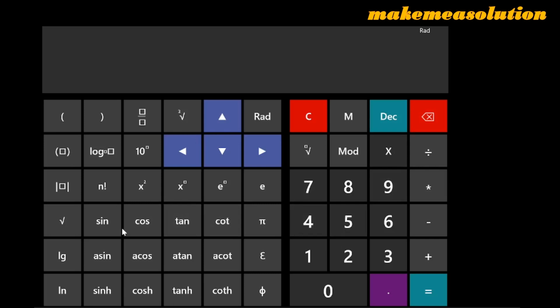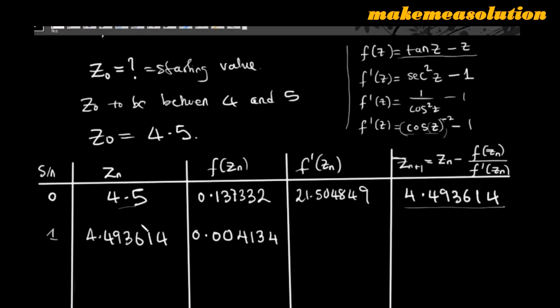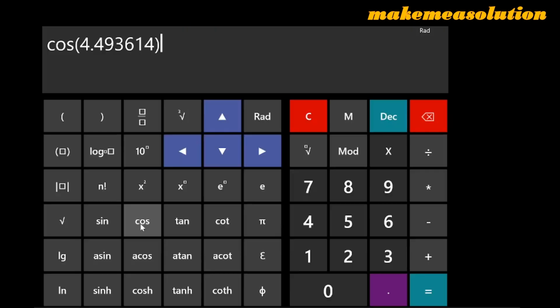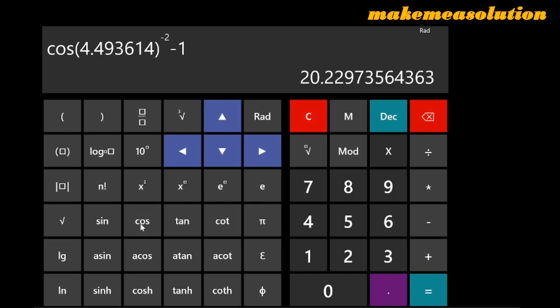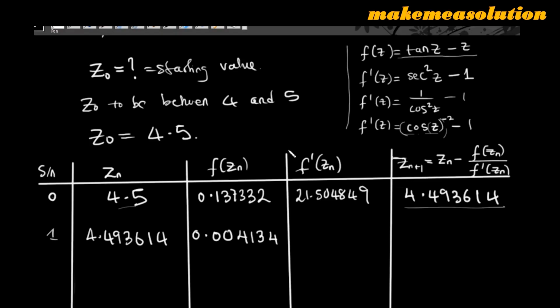So you have cos 4.493614 all raised to the power of minus 2, minus 1. This gives me 20.229736.